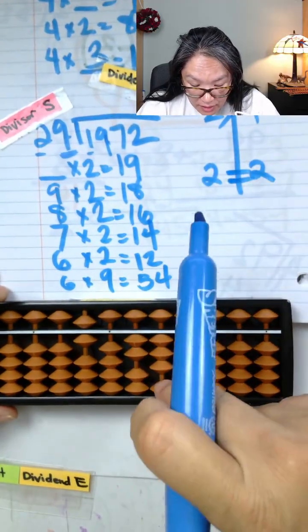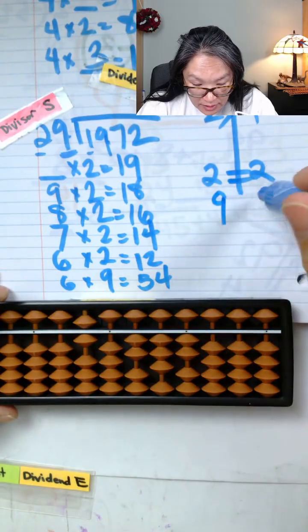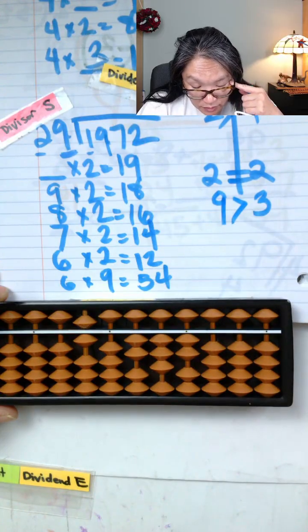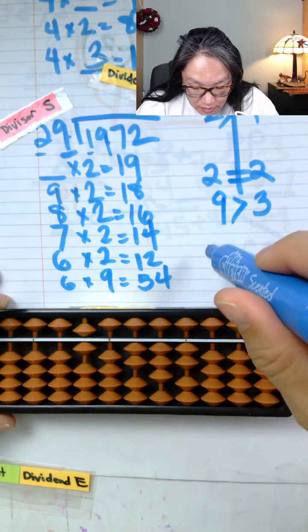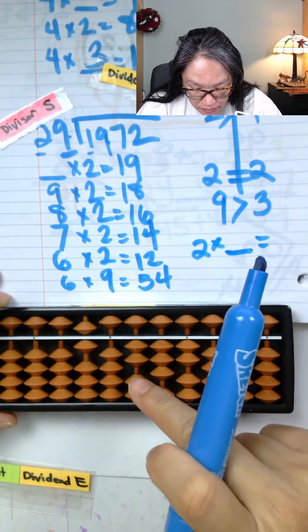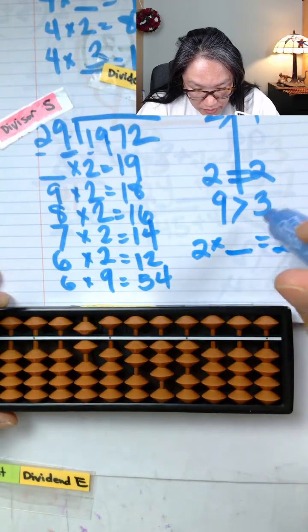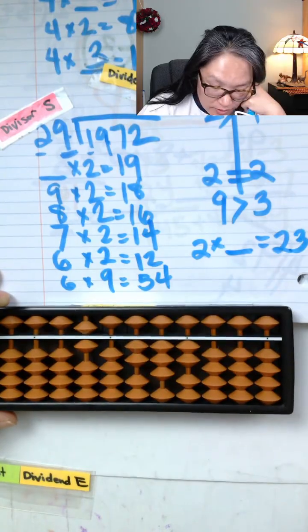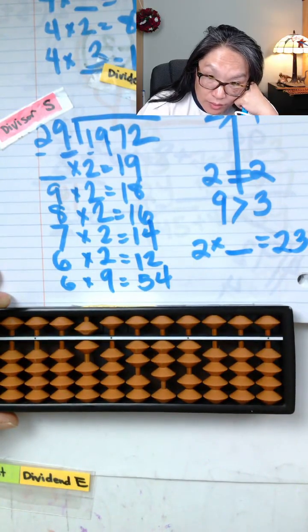The 9 and the 3. 9 and 3. 9 is bigger. So what do? 2 times what is equal to 2? Actually, 2 digits, 23. Did that make sense? That doesn't make sense. I think I broke my brain.